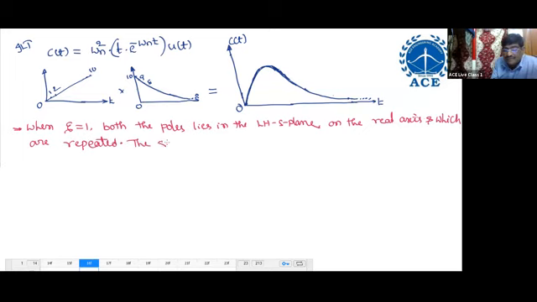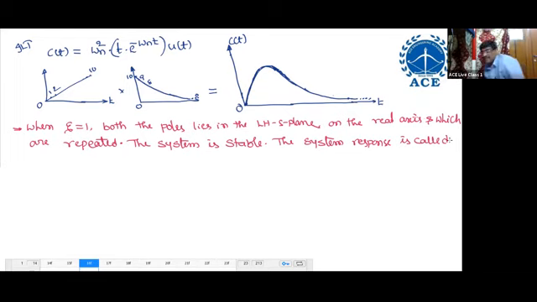The system is stable. The system response is called critical damped system. That's all.